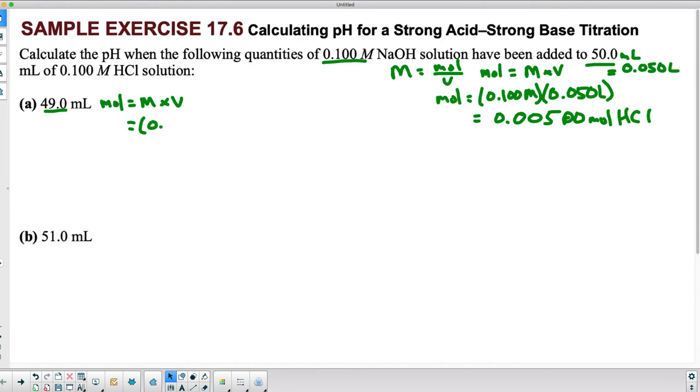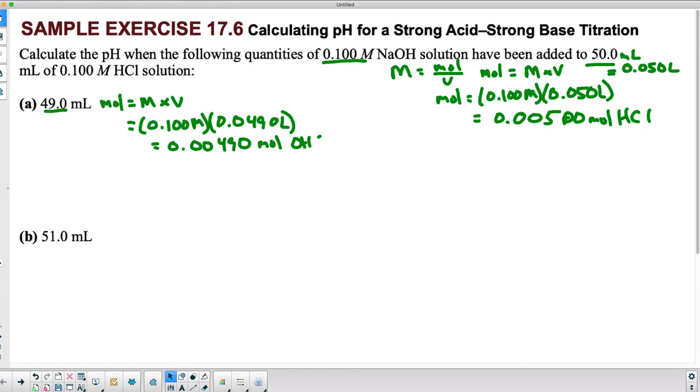So 0.10 times 0.0490 liters, and what I end up with is 0.00490 moles of sodium hydroxide.